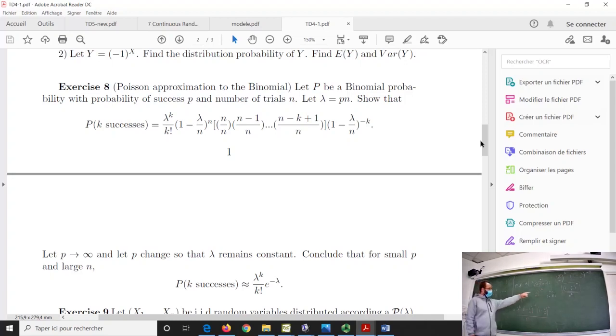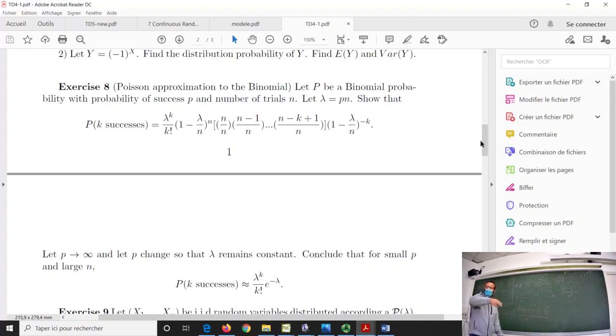What is n factorial over n minus k factorial? Keep in mind that n factorial is the product of the first n natural numbers, or integers. So I have 1 times 2 times 3 times 4 until n. N minus k factorial is what?